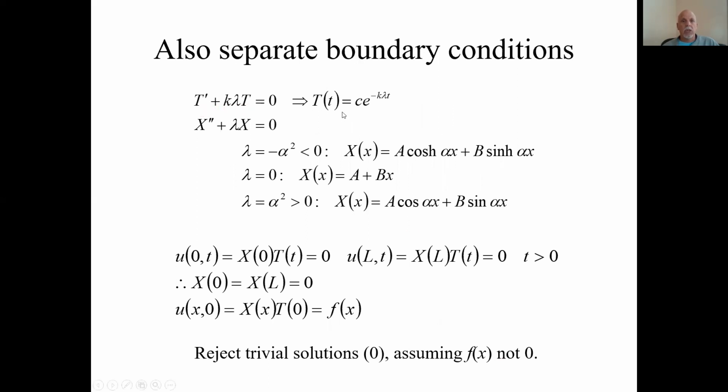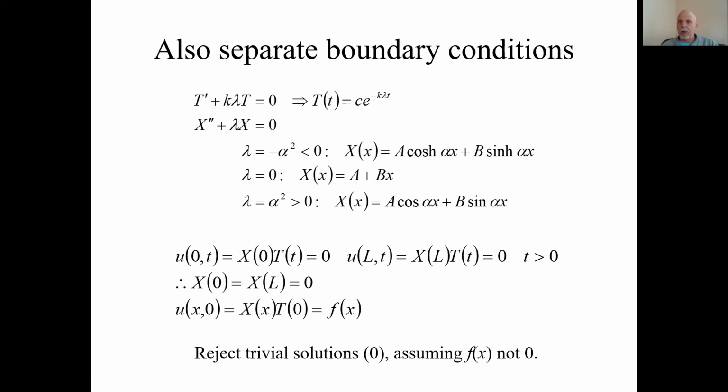The T equation has this solution, and the X equation has different possible solutions depending on what lambda is. And now I do want to use the hyperbolic trig because our x has a finite extent. That's when we use the hyperbolic form of the equation, this equation, when lambda is negative.